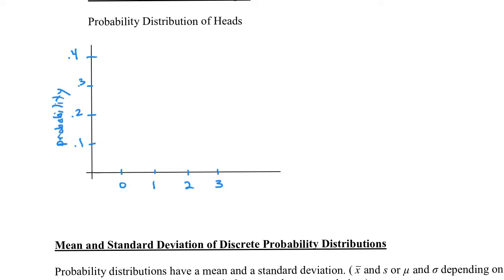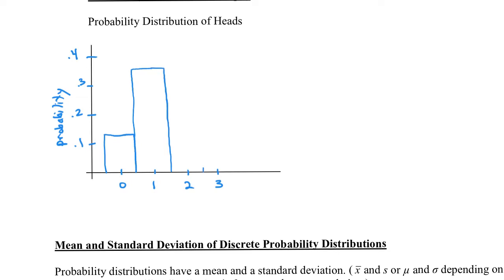And then we just draw this in. So for 0, it's 0.125, so we need to come up here a little ways. We're doing it by hand again, so it won't be perfect, but we can make it pretty good. And then these are 0.375 for one, and the next one, so I'll go about here, 0.375.